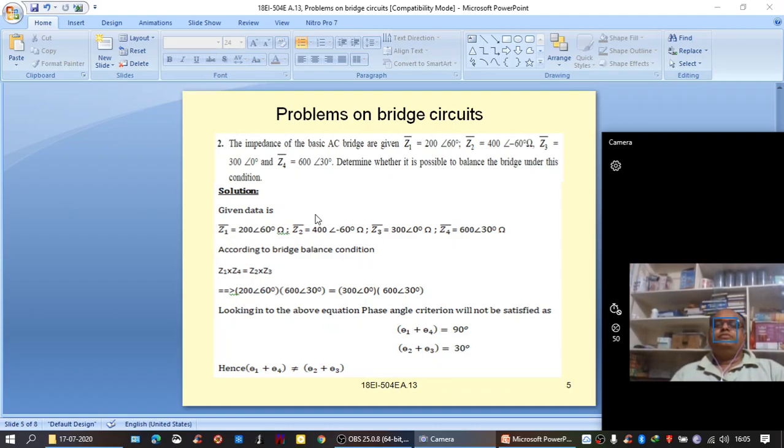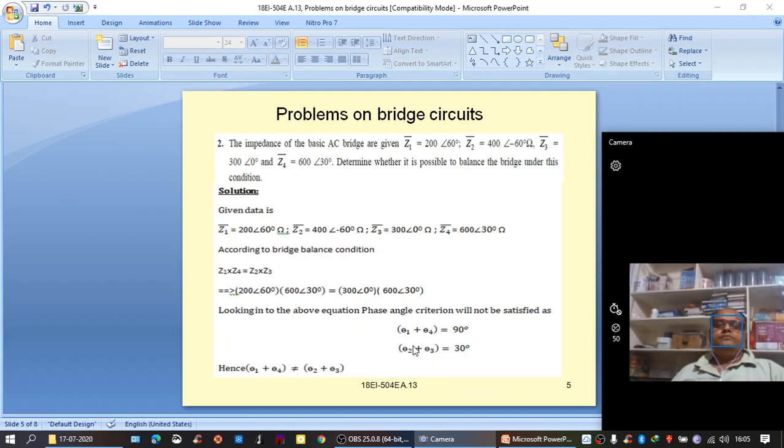Because unless the bridge is balanced, we cannot use it for the measurement of either unknown impedance or unknown frequency. So here in these particular values of the impedance given, you can see the sum of the phase angles of the opposite arms comes out to be 60 plus 30 degrees on one side, theta 1 plus theta 4, and 0 plus 30 degrees on the other side, theta 2 plus theta 3.